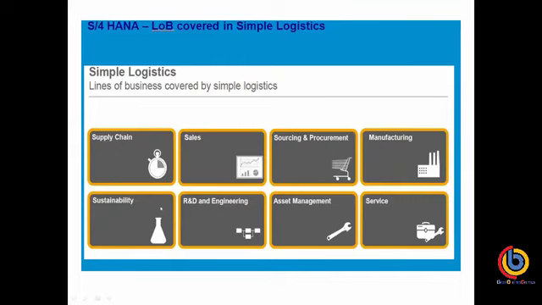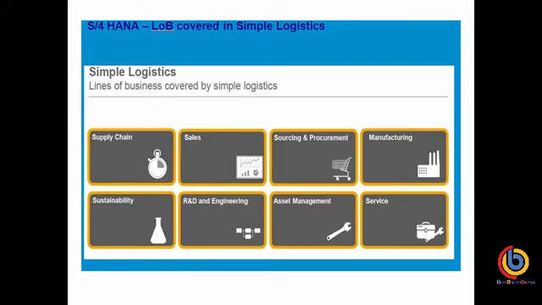But SAP has not simplified modules like sustainability, R&D, and asset management services. There is a good probability that maybe this year, or next year, or within two years, all the modules can be simplified. But at this moment we are just talking about four modules here.